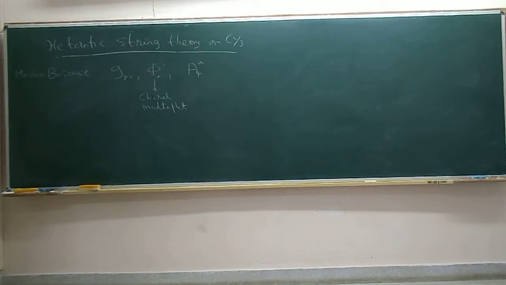So one can ask, can we write down something similar for N equal to 1 supergravity? Here we will see that unlike in the case of type 2, there will also be potentials involving the scalars, because we know, for example, in global N equal to 1 supersymmetry, we can add a superpotential, which generates a potential. The form of the potential that we will get will be slightly different in supergravity, but nevertheless there will be a potential.